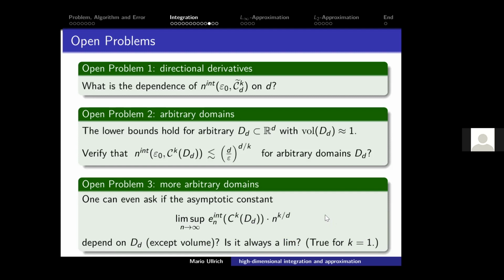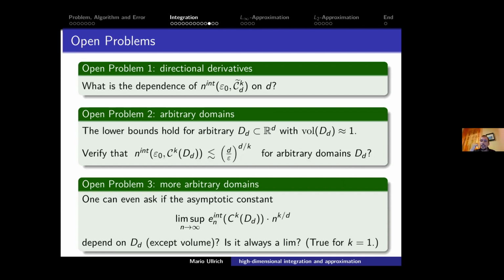Mario, excuse me. Yeah, a question. And what about the case when D is not one domain, but 2 domains or 3 domains? I don't know at the moment. But maybe I don't completely understand the question. So I think for many special domains, you can compute that. So D is a union of balls or of small cubes.